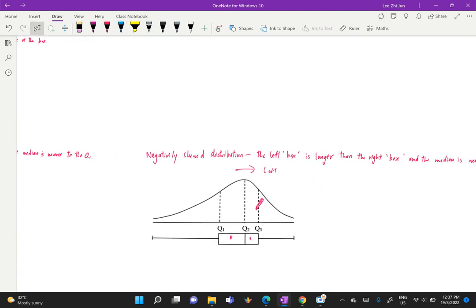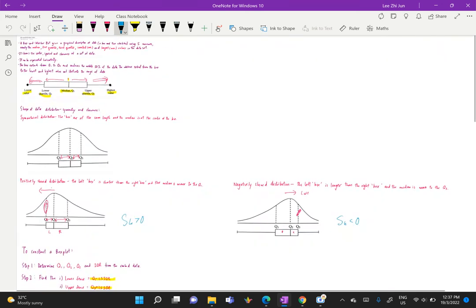If Sk is smaller than 0, negative, it is negatively skewed. Here's the graph to show.